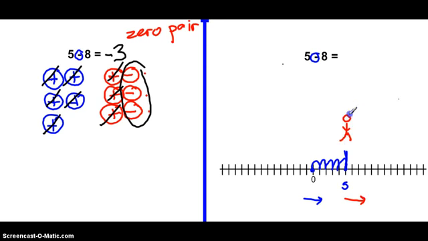Here's his nose, so we know which way he's looking, right? Alright, so he's looking forward, but because we're subtracting it, he will be walking backwards or moonwalking 8. So that's going to be 1, 2, 3, 4, 5, 6, 7, 8. And that's negative 1, negative 2, negative 3. The same thing we got with the chips. Okay? Alright, let's keep trying. It'll make more sense. Okay?